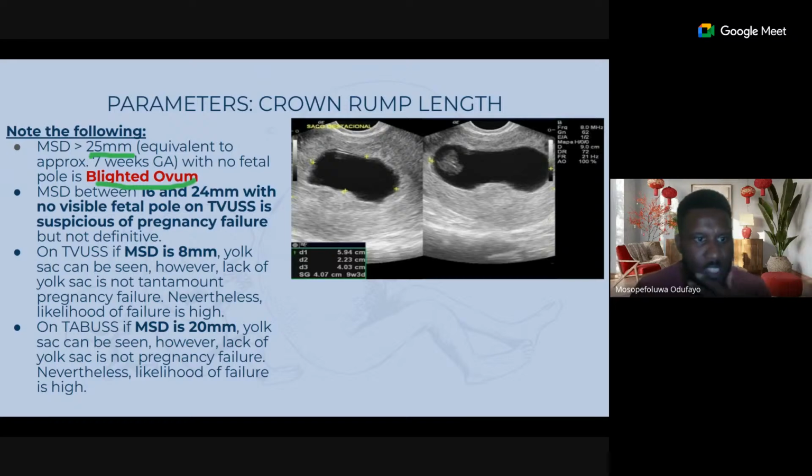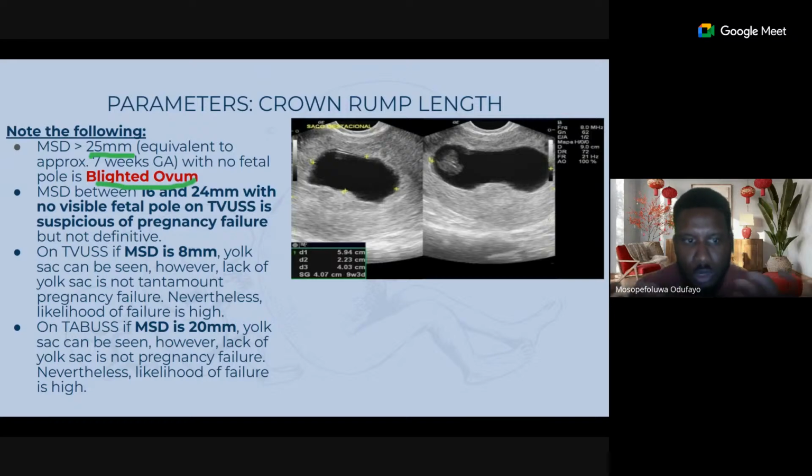So there's an assessment, we'll call it. On transvaginal ultrasound scan, if the mean sac diameter is about 8 millimeters, you should be able to see the yolk sac at that period on TVS. Nevertheless, if you don't see it, it's not a problem. The same applies for transabdominal ultrasound, but the measurement changes.